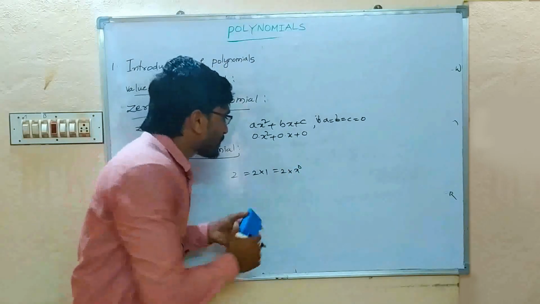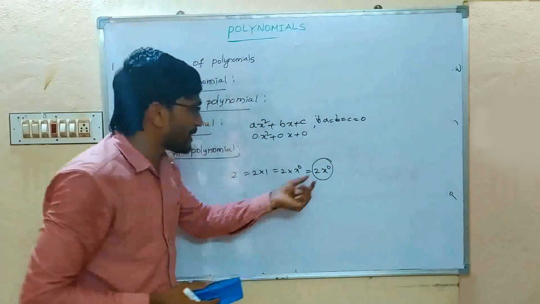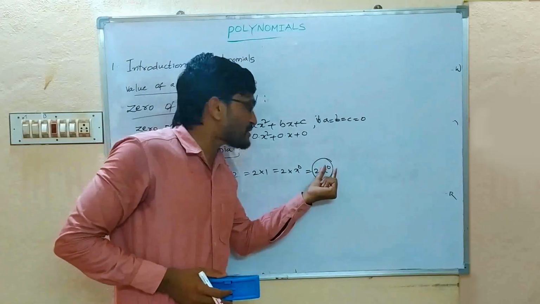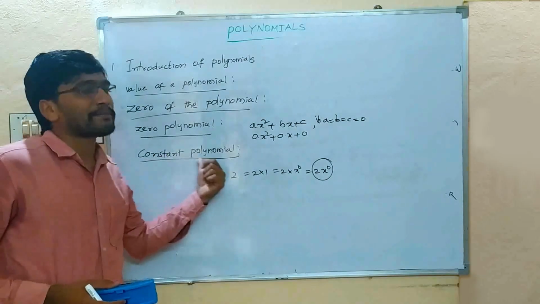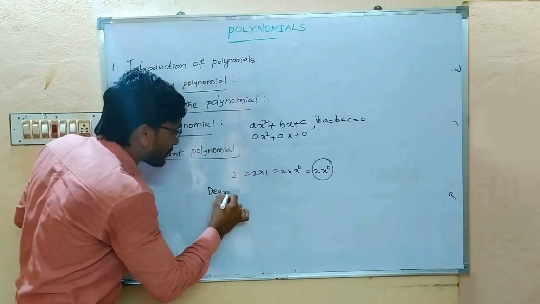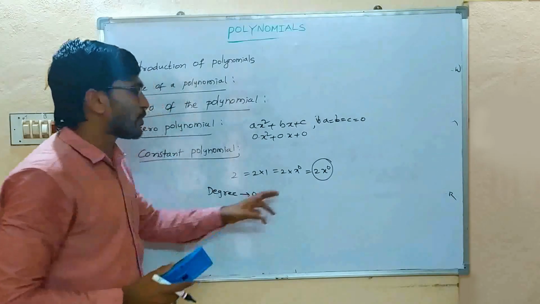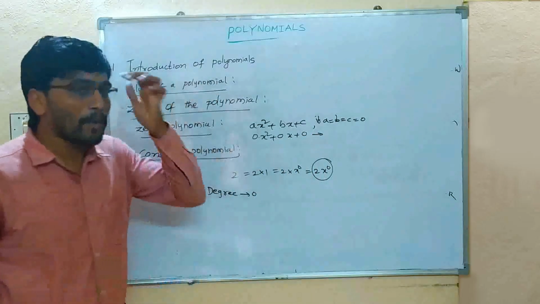So it can be written as 2 into x power 0. The highest power of the polynomial is 0. That is nothing but the degree of the polynomial. Hence the degree of the constant polynomial is 0. What is the degree of zero polynomial?